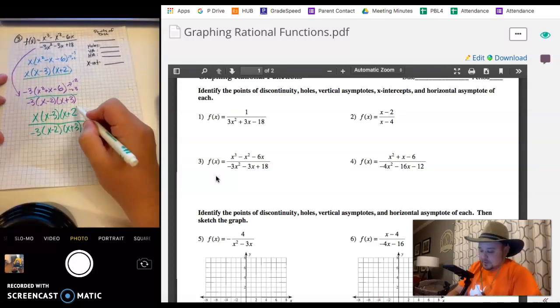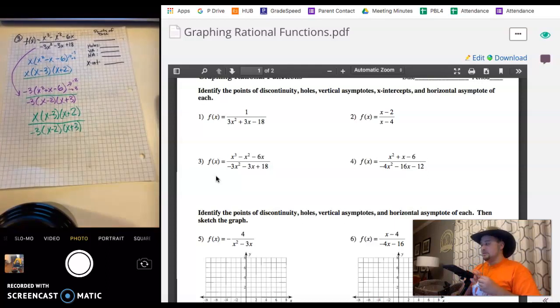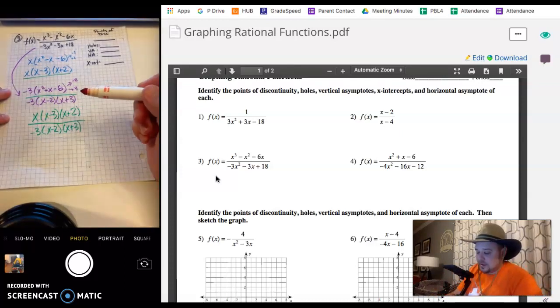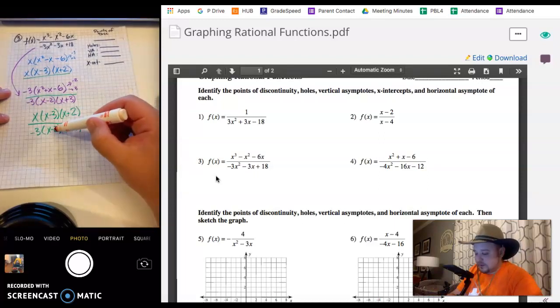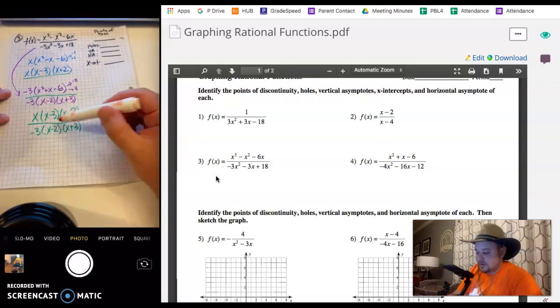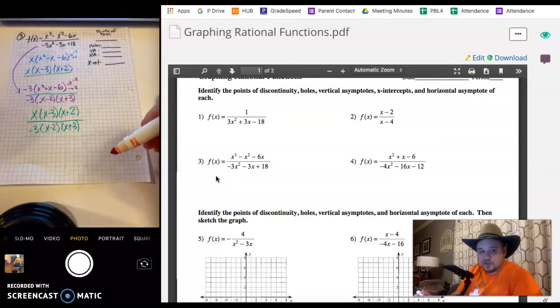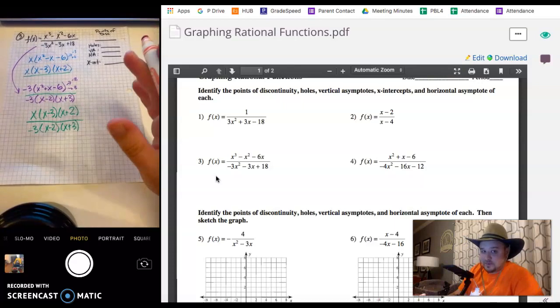Now, it looks like we should be able to take care of a lot of business here, but unfortunately our negative signs and positive signs are mixed up, and so I don't have anything that matches. The -3 can't do anything with the x. I've got -3 and -2, +2 and +3. Nothing can cancel out, so this is the function I'm going to have to look at.